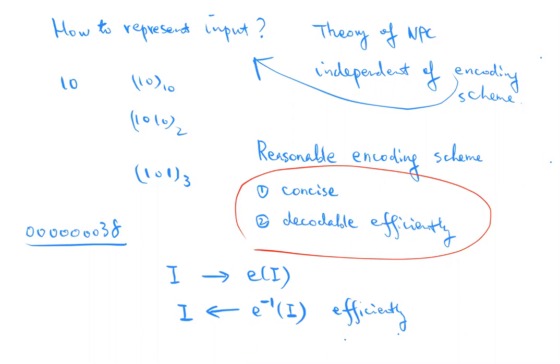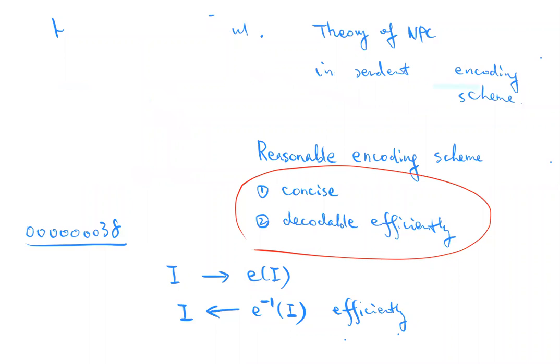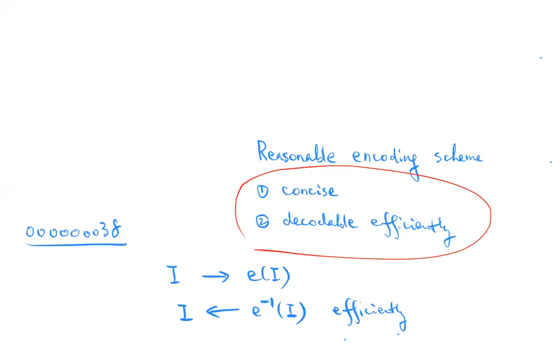And under that reasonable encoding scheme assumption, for any two reasonable encoding schemes, the input lengths will be related by a polynomial. All right. So the important thing is, with that assumption, we can assume the following. For any two different encoding schemes, the length of encoding under scheme E and the length under a different encoding scheme E prime will be related by a polynomial.